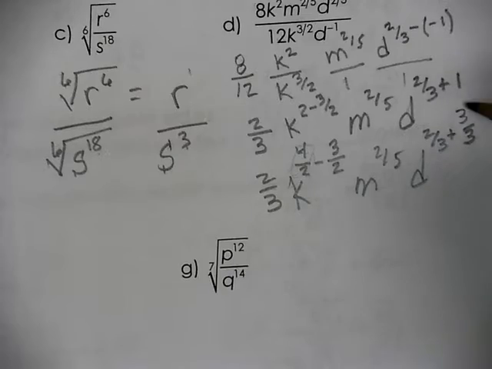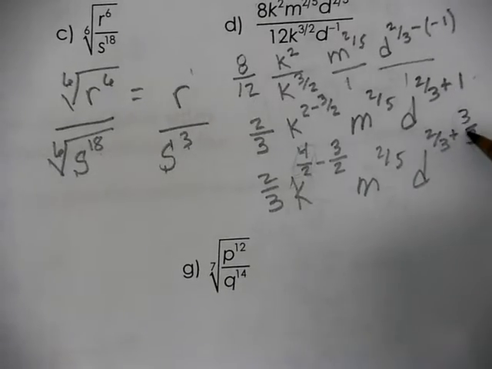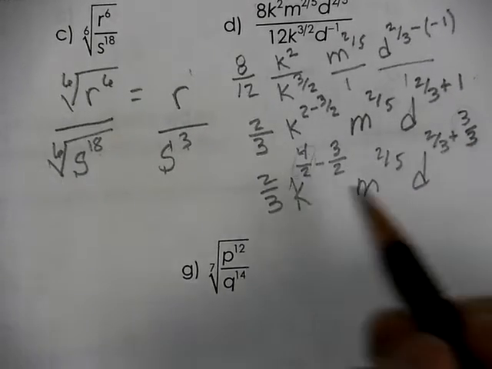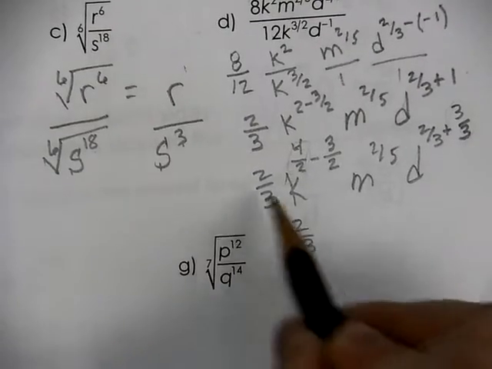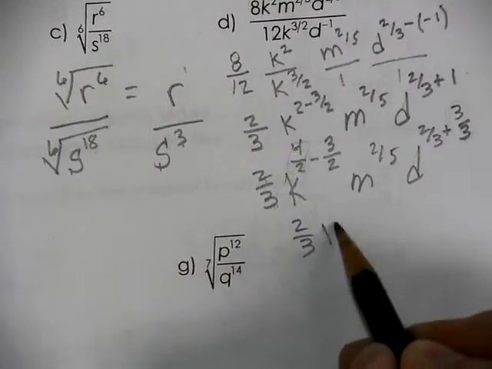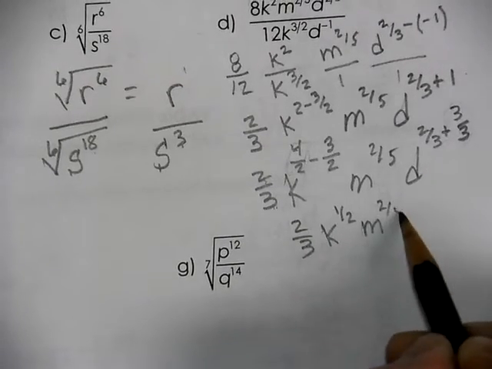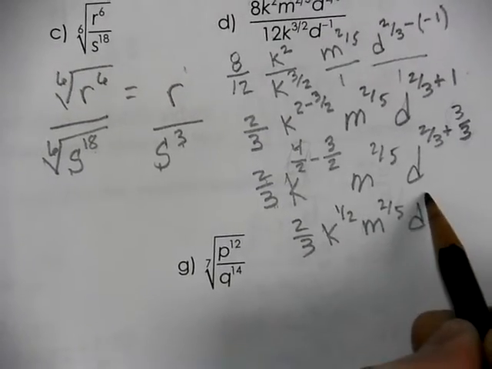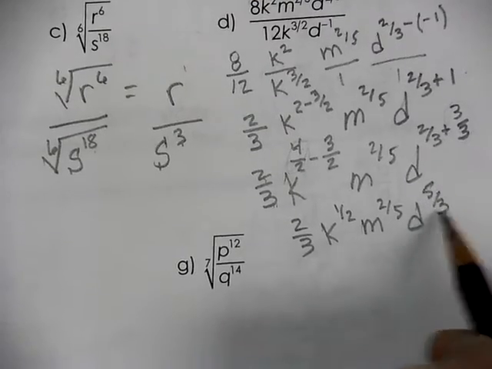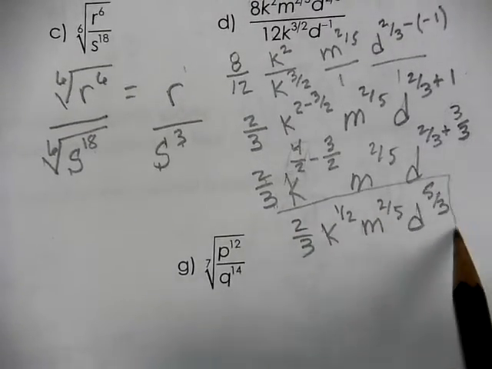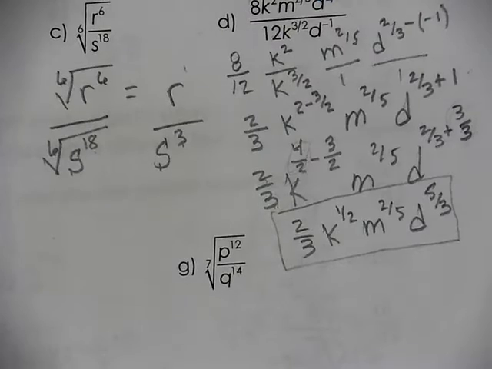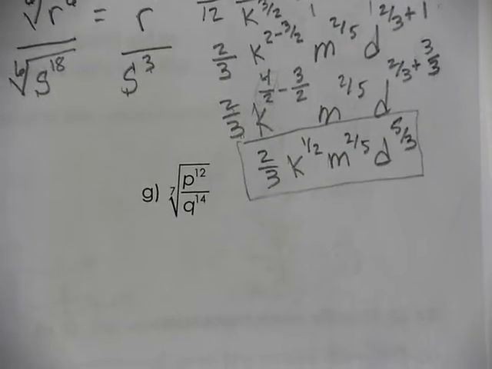That's a value of 1 to be added to the 2/3. So we're going to get 2/3 k to the 1/2, m to the 2/5, d to the 5/3. There could be some more simplifying with that, but we'll leave it in that format.